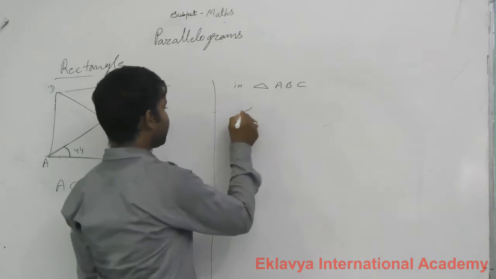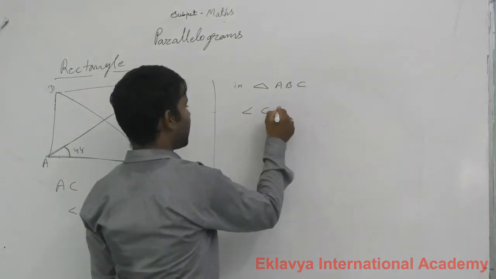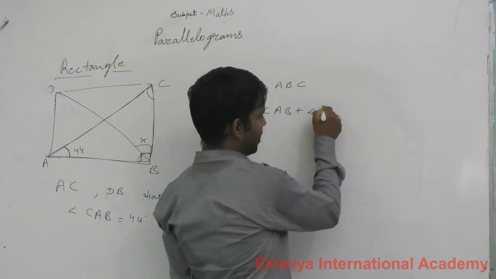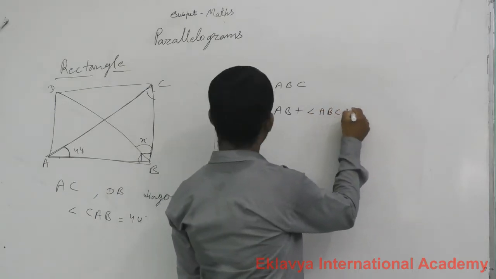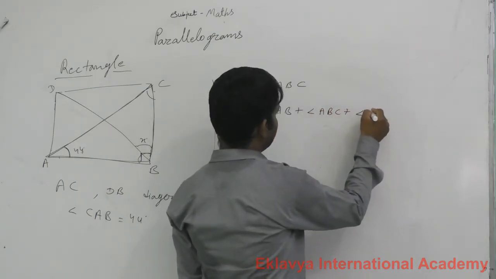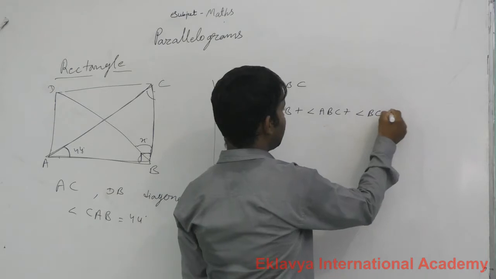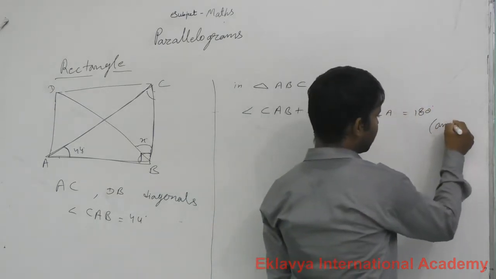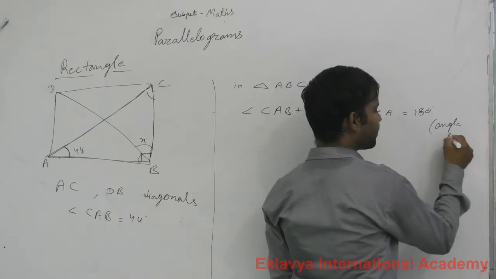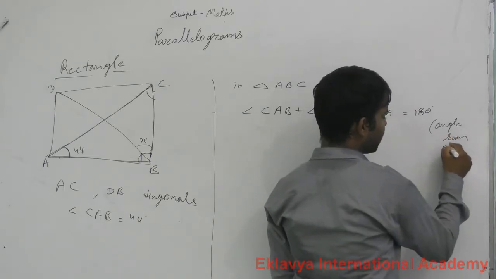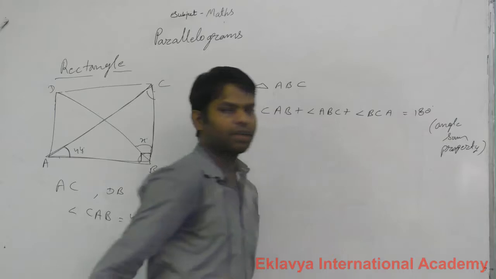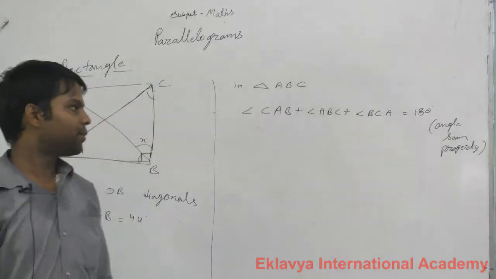So angle CAB plus angle ABC plus angle BCA is equal to 180 degrees. Why? Because of the angle sum property.